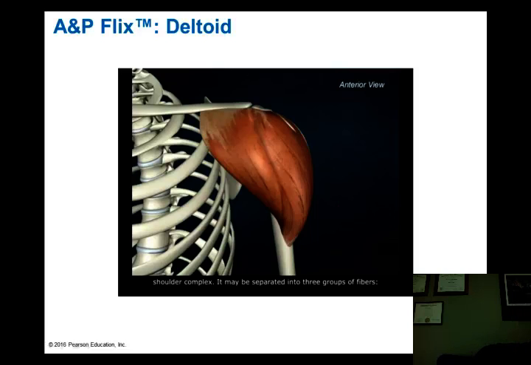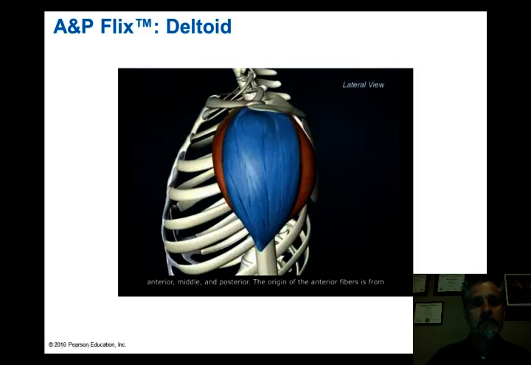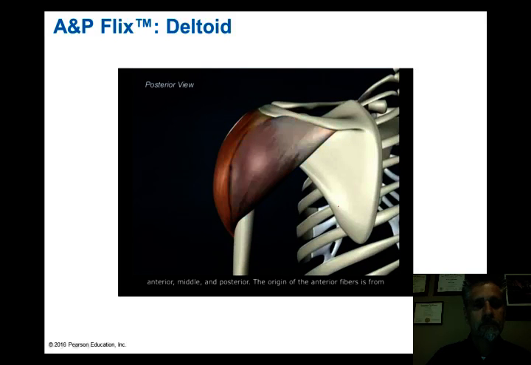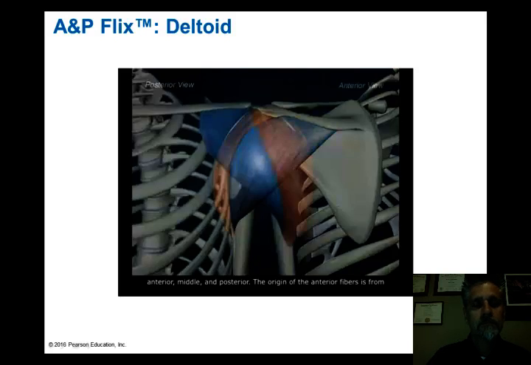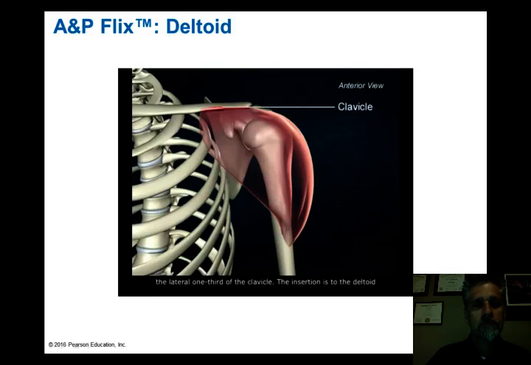It may be separated into three groups of fibers: anterior, middle, and posterior. The origin of the anterior fibers is from the lateral one-third of the clavicle. The insertion is to the deltoid tuberosity of the humerus.